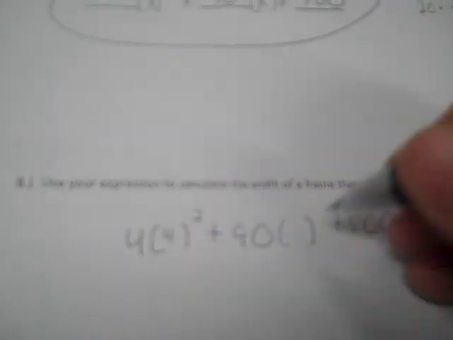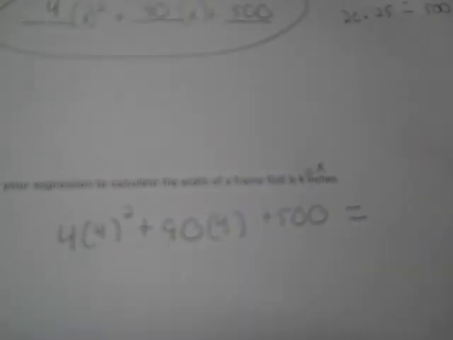And in those parentheses, where x used to be, now 4's in there. Okay, and I can find what this equals on my calculator. You don't have to do the please excuse my dear Aunt Sally. You got a 4, and then you open up a parentheses and put 4, close it, second power it, plus 90, parentheses 4, plus 500.